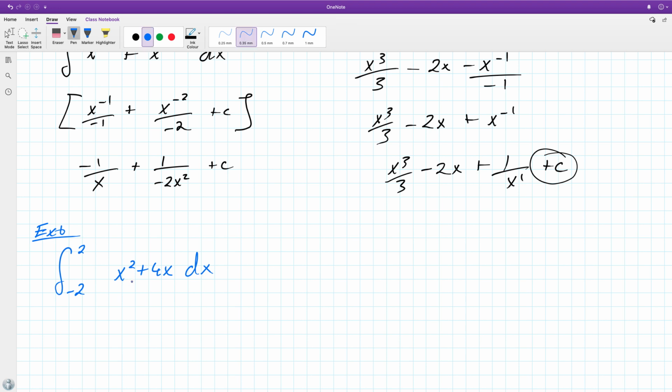So we're going to be integrating it, subbing in 2, and then taking away what answer you get within minus 2. Don't forget we're dealing with area, so it's absolute values.